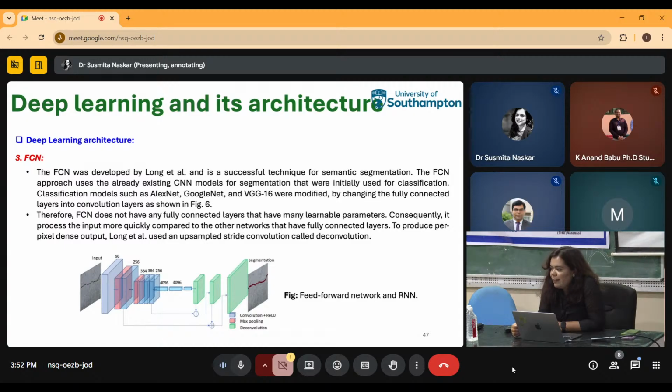That is very essential for tasks like object boundary detection or medical images. Another advantage is end-to-end training.